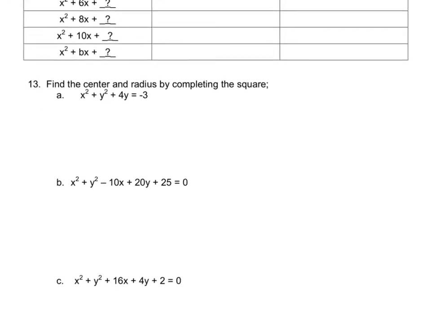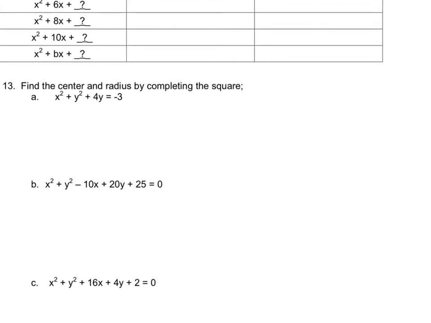Before I move on to number 13, which is more complex, I want to do one more completing the square with you. If you like, you can write that down, just to review it. If I have, for example, x squared minus 6x, what should I add to complete the square?